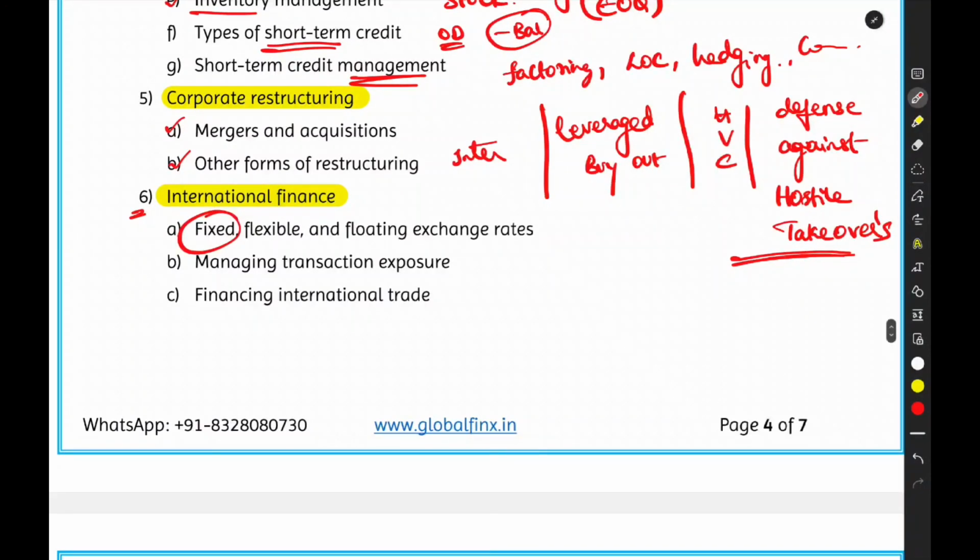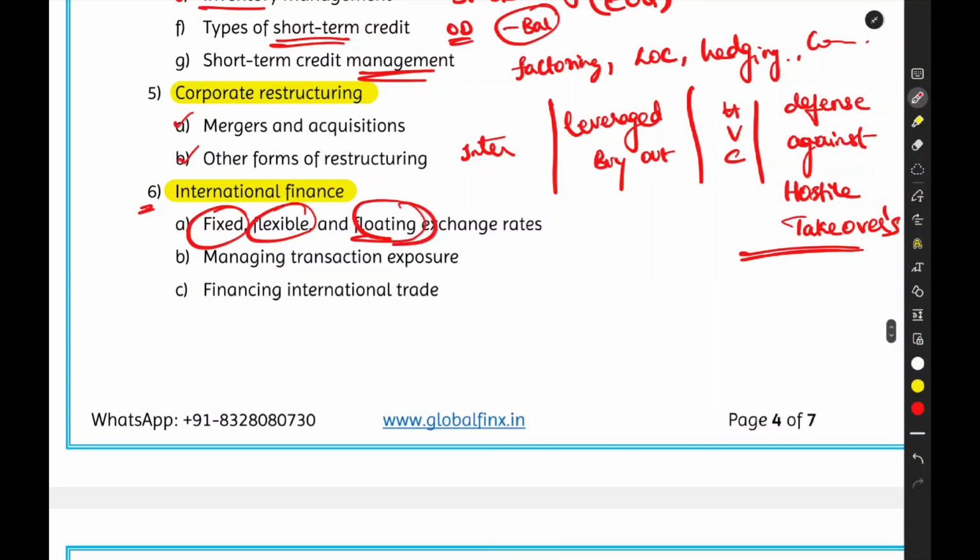So there are different types of exchange rates. There are fixed exchange rates which do not change. There are flexible exchange rates, somewhere between fixed and floating. Floating means completely left to the market forces of demand and supply. A flexible is somewhere between these two. It's not fully fixed and it's not fully floating. So we'll talk about those. And then transaction versus translation. If I'm going to an airport and giving 10 lakh rupees and asking them to convert that into dollars, that is called a transaction, where an actual exchange of economic value is going on.